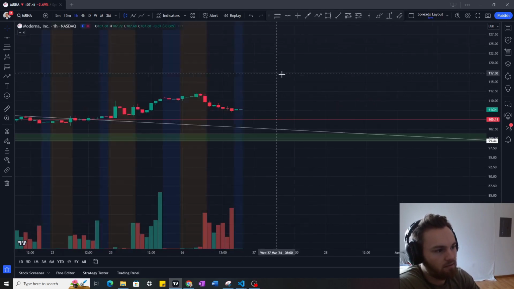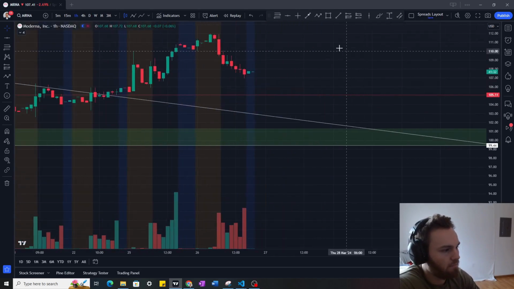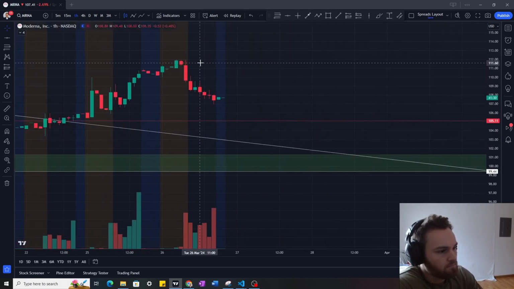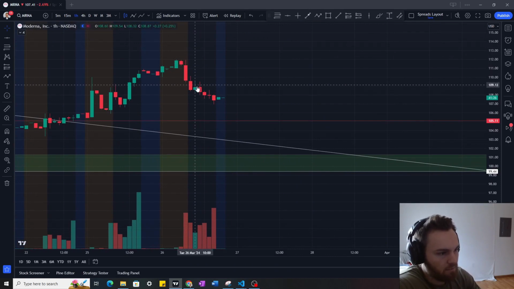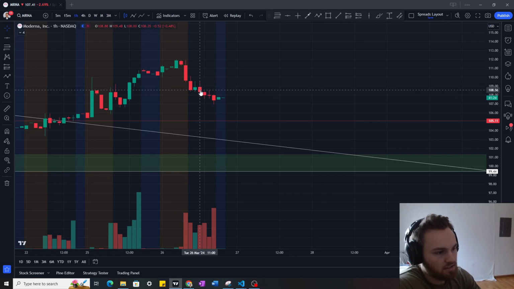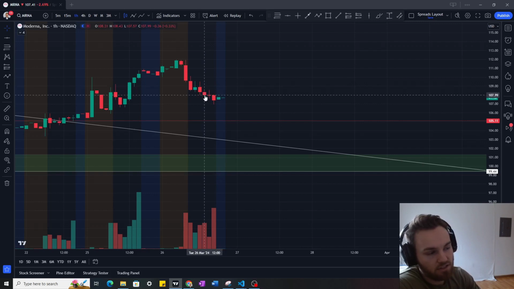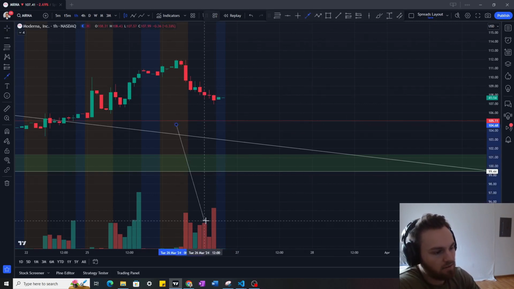Let's go take a look at the VPA on this candle. VPA actually wasn't bad. We had a large sell candle right here that broke down on resistance, and then we had an even smaller candle right here, but it had more volume than the previous one. So that's actually buying. That's not legit selling.